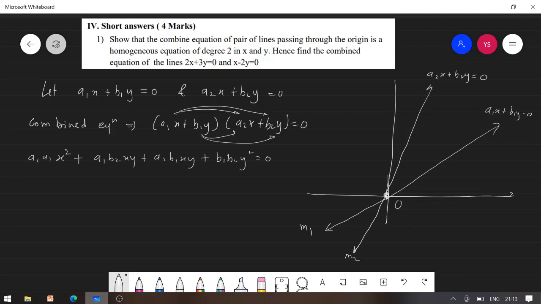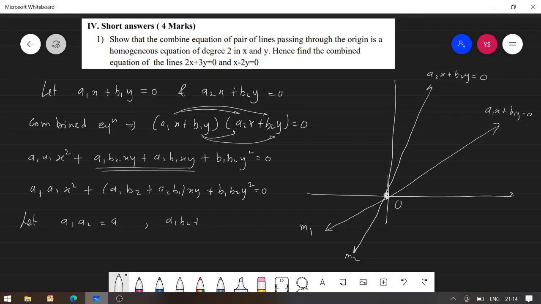equals to 0. Like terms are easily added, so the second and third terms become like terms, and they are added to give a1 b2 plus a2 b1 times xy plus b1 b2 times y square equals to 0. So let us consider a1 a2 equals to a, while a1 b2 plus b1 a2 equals to twice h, and b1 b2 equals to b.